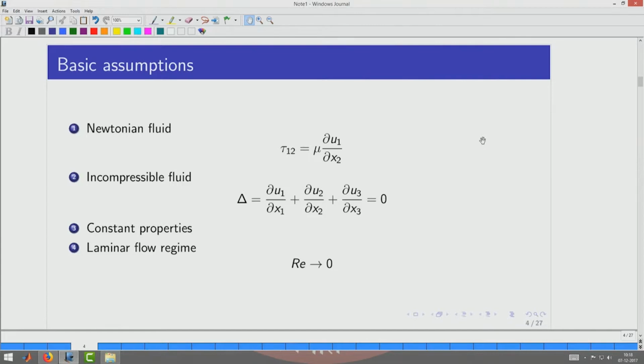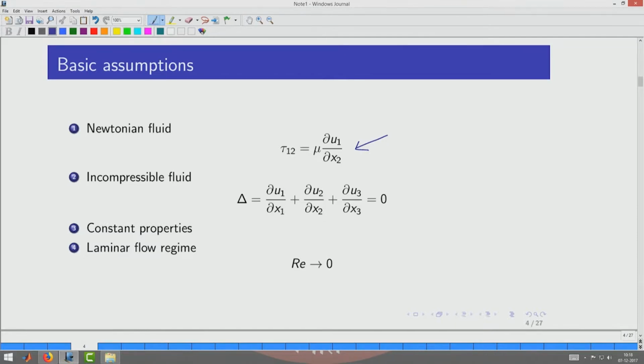Most of the liquid metals and slags are Newtonian fluids under normal circumstances in industrial applications. So, we normally assume that Newtonian fluid assumption is valid. This means that the Navier-Stokes equation we are writing is taking the Newtonian fluid assumption.